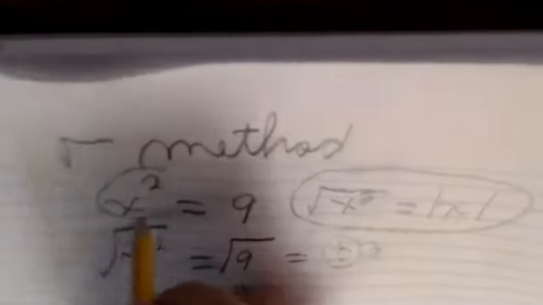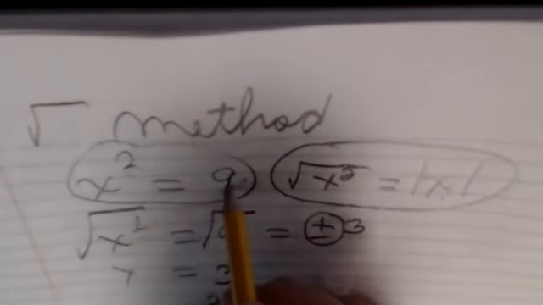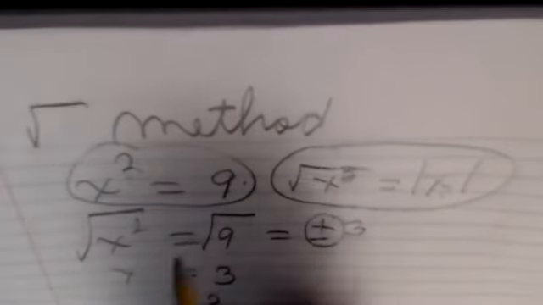Okay. Look at the original problem. x squared is equal to 9. The square root method in all of its glory is very, very easy, but you have to have it in the right order, Daniel, for it to make sense. So I'm going to take the square root of both sides. Square root of x squared is what?